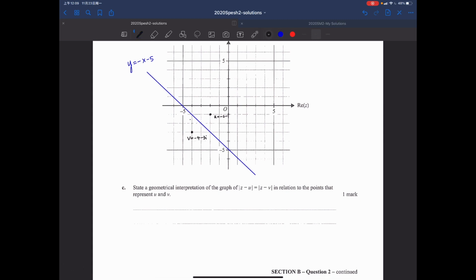Well, perpendicular bisector between the points z equals u and z equals v.